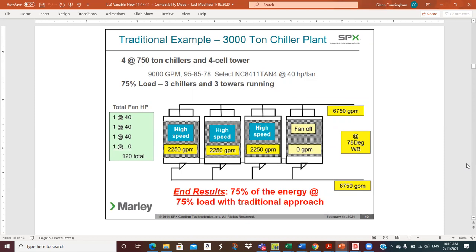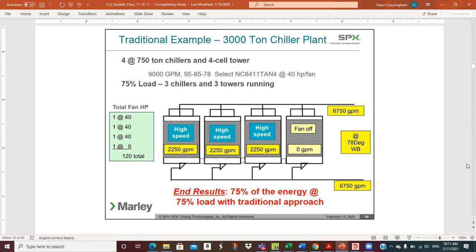So the total tonnage is 750 times 2 is 1,500, times 2 again is 3,000, and at 3 GPM per ton, 3,000 tons is 9,000 GPM. So if we're running full out, all 4 chillers, we're going to be circulating 9,000 GPM of condenser water.